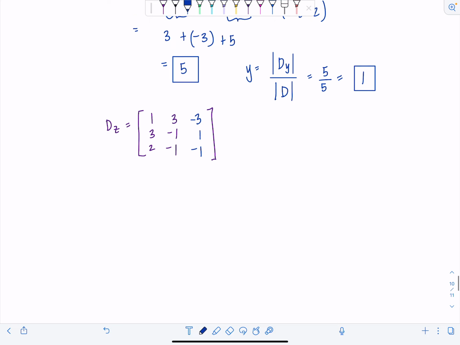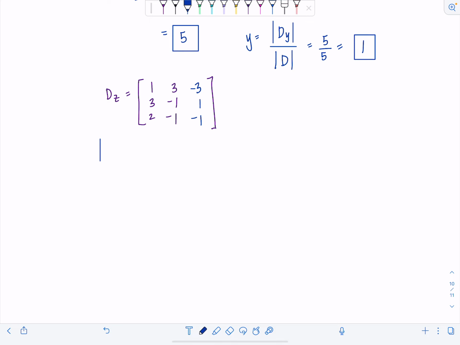So let's find the determinant, and I will use the alternate method, so I'll add on the first two columns again. 1, 3, 2, 3, negative 1, negative 1, negative 3, 1, negative 1, and then rewrite 1, 3, 2, and 3, negative 1, negative 1.